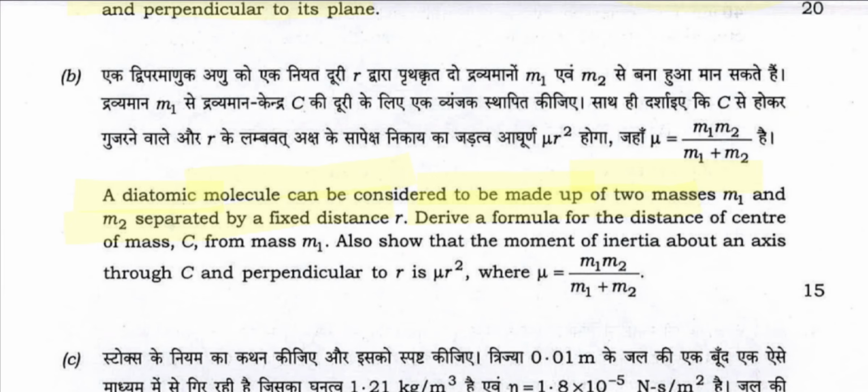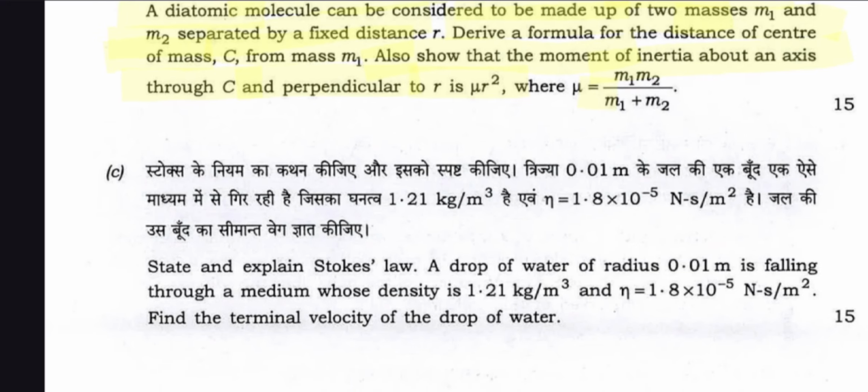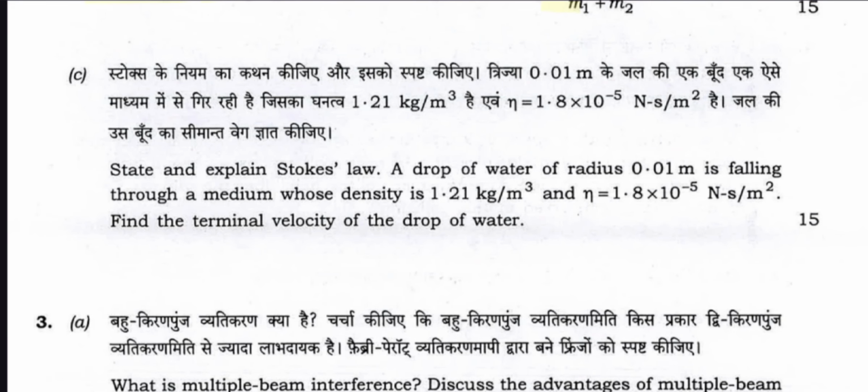Derive a formula for the distance of center of mass c from mass m1, also so that the moment of inertia about an axis through c and perpendicular to r is mu r square, where mu is equal to m1 m2 upon m1 plus m2. So C, question number C is here.